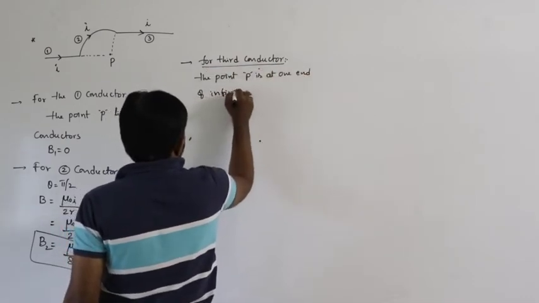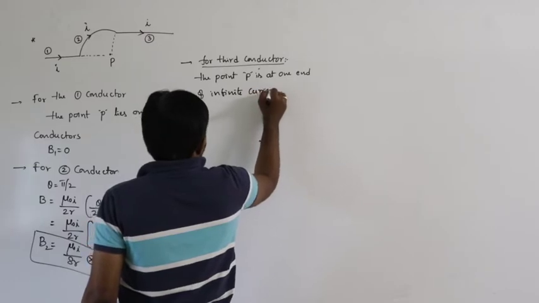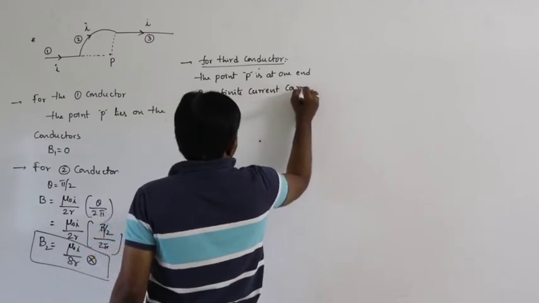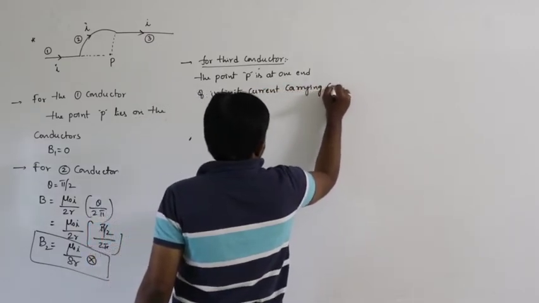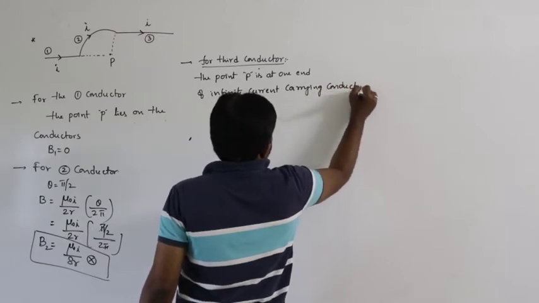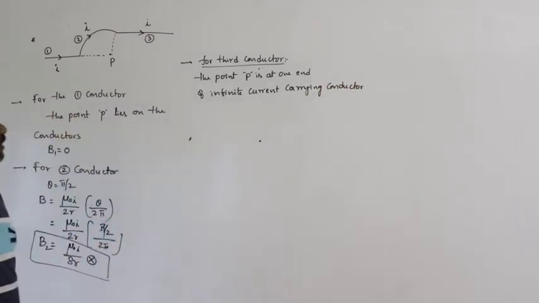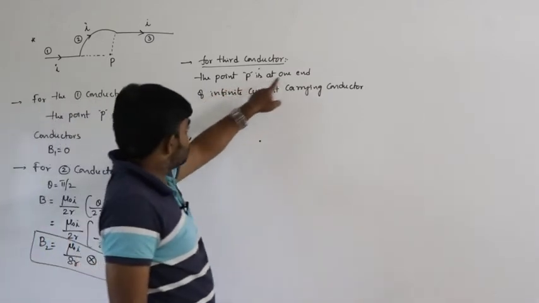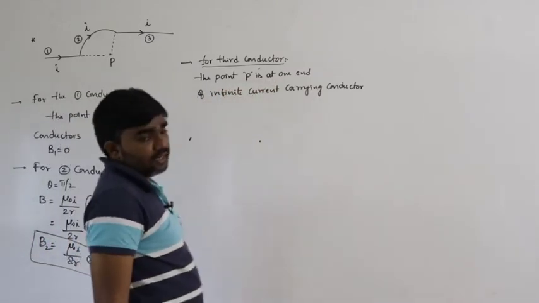So here the point P is at one end of the infinite current carrying conductor.